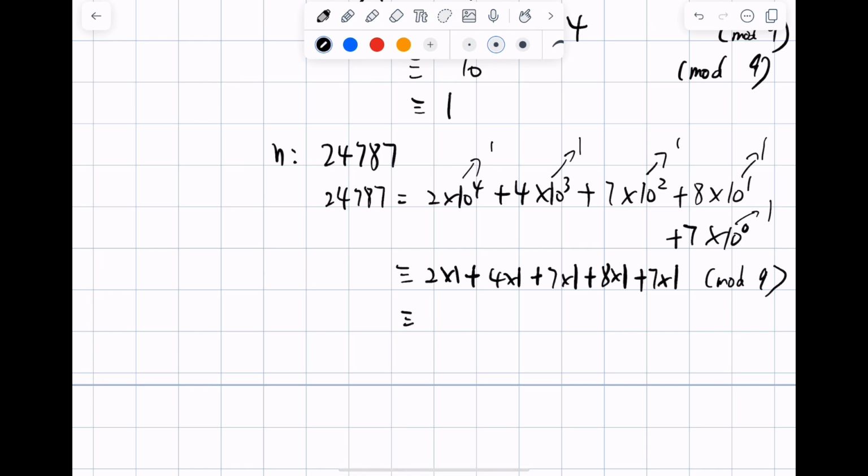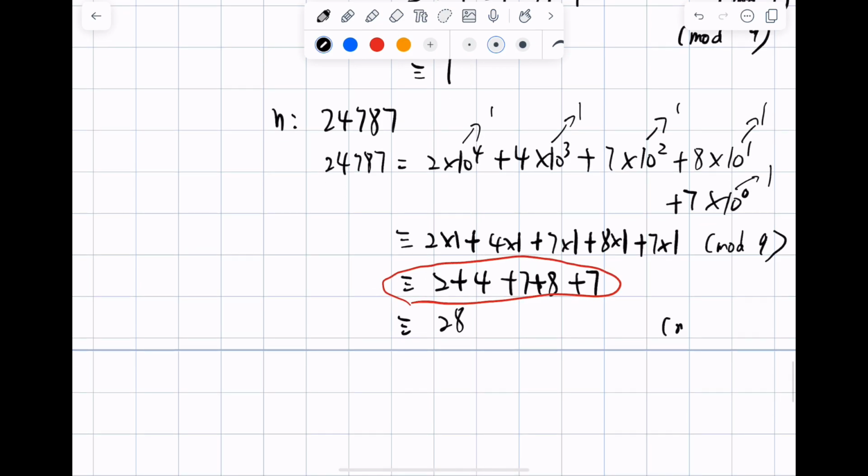And then it's congruent to 2 plus 4 plus 7 plus 8 plus 7. And this will be 28, is it? Let me double check. Yeah, it's 28. And then you see this is already the sum of digits, right?